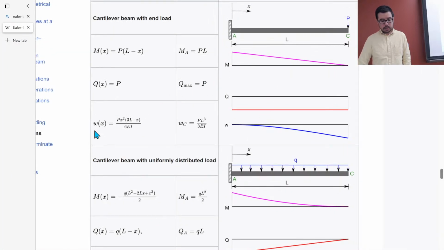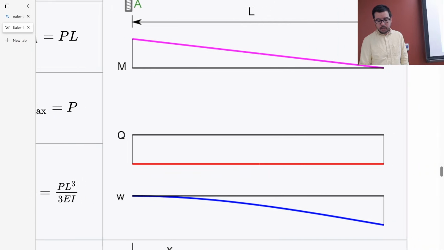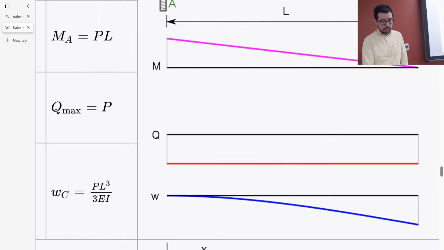What we get to do is look at equations like this. So this is V at C, this one right here. So that's the PL cubed over 3EI out here. That's describing the displacement of the beam.